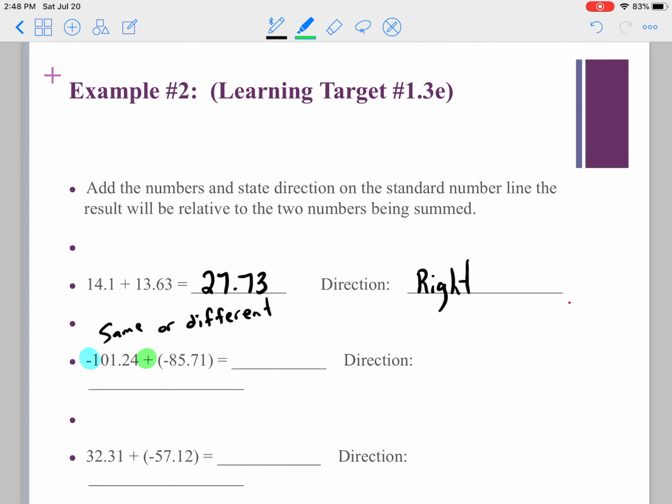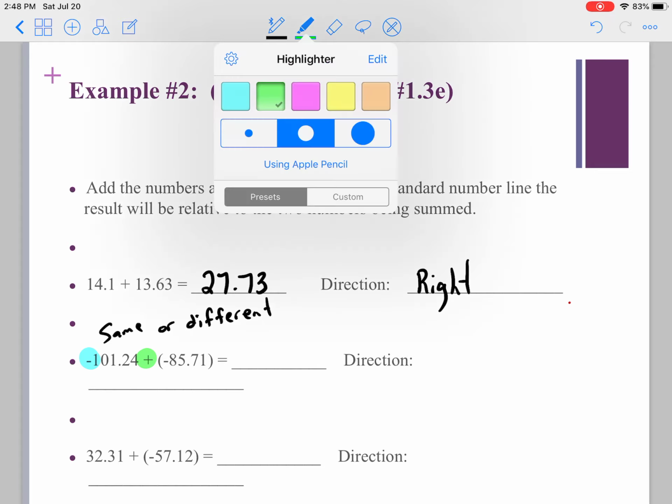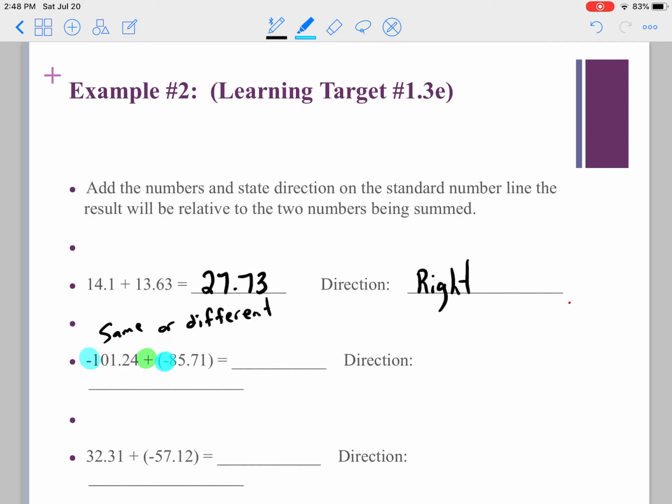But that positive is just representing the addition, or summing the two. Inside the parentheses, notice that we have a negative 85.71. So we have a negative 101.24 and a negative 85.71, so we have the same signs being added.